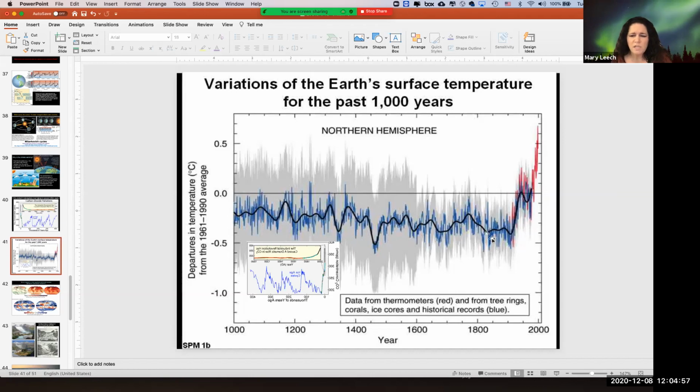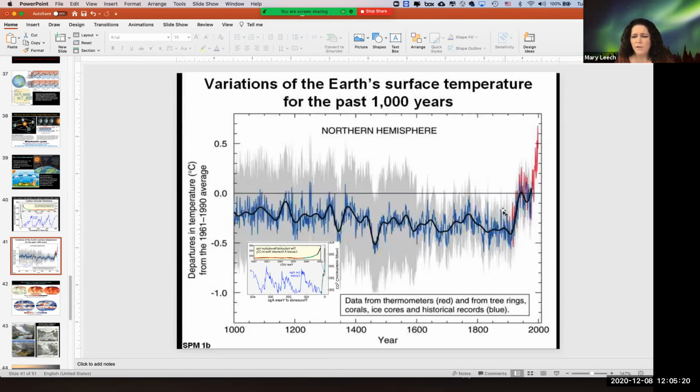But just notice that if you go back in time to 1800 to 1600, back to 1000 AD, temperatures were cooler. We were kind of on the side of an ice age here. But look at what has happened since 1900, which happens to coincide with industrialization.